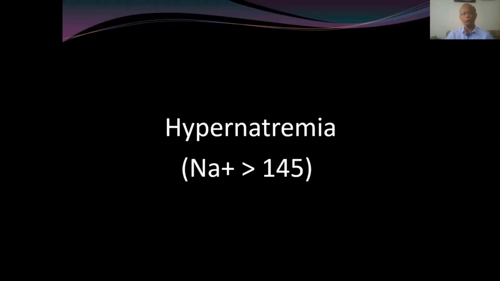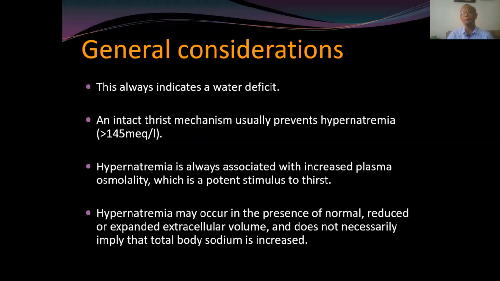Now coming to hypernatremia, that is a sodium concentration of more than 145 milliequivalent per liter. This is actually less prevalent than hyponatremia. General consideration: this always indicates water deficit, so more water is lost than sodium, and an intact thirst mechanism usually prevents hypernatremia.